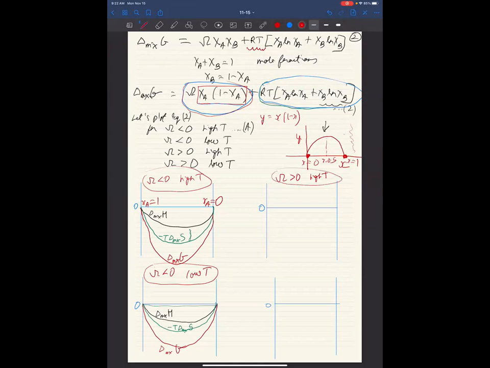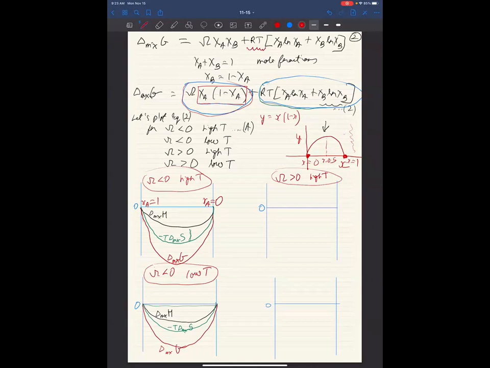Omega positive means that A and B do not like each other. If there was no temperature in play, A would rather hang out with the A atoms, B would rather hang out with the B atoms. Just on the basis of potential energy, on the basis of bond strengths, A does not like B as much as it likes A.